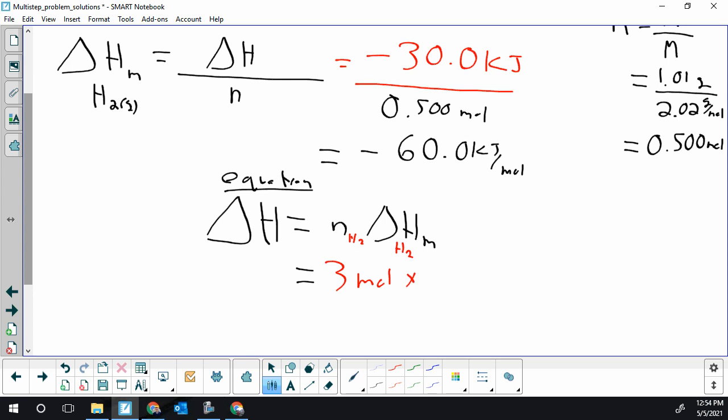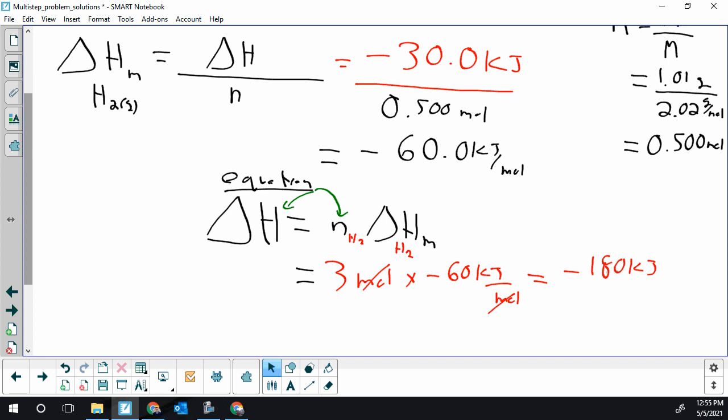Molar enthalpy is true for any situation, whether it's any type of real life reaction. So that is 60 kilojoules per mole, and that will output 180 kilojoules. Again, because the moles came from the equation, the delta H is true for the equation as written. So that's how you can calculate the change in enthalpy for the reaction in this question.